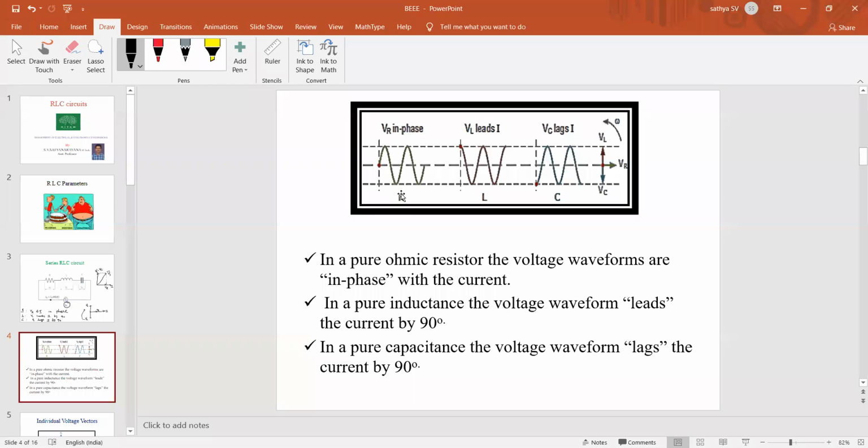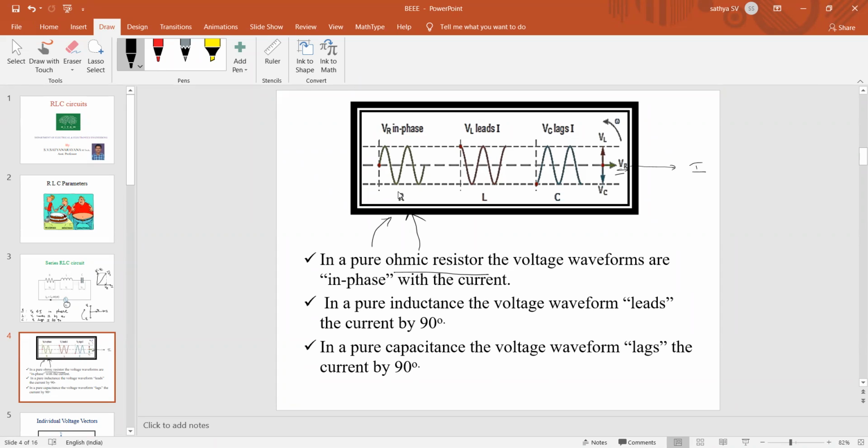See this here individually. The first statement indicates that for your ohmic resistor, the waveform reflects both voltage and current, and VR is in phase with your current.